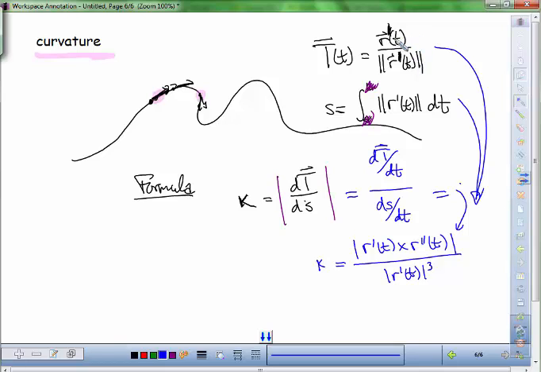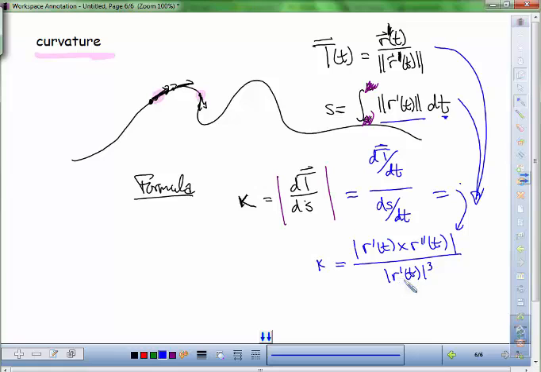So yeah, there are rules for taking derivatives of quotients or products of functions. By the way, the derivative of s with respect to t uses the fundamental theorem of calculus, so that's just the magnitude. If you're taking the derivative of an integral, it's just going to be whatever is inside.